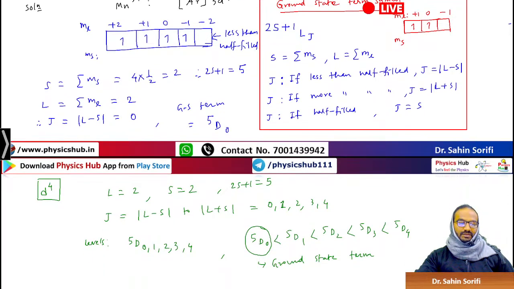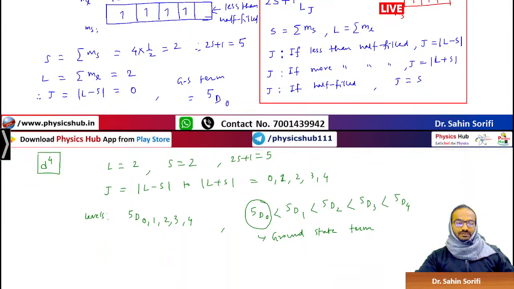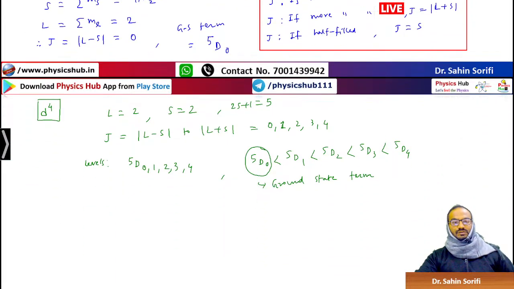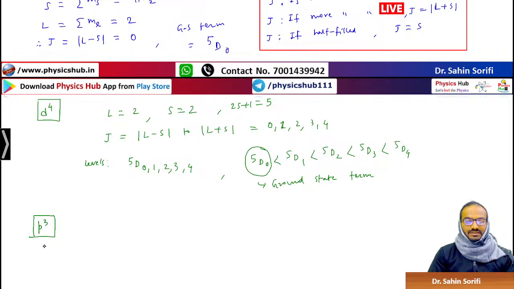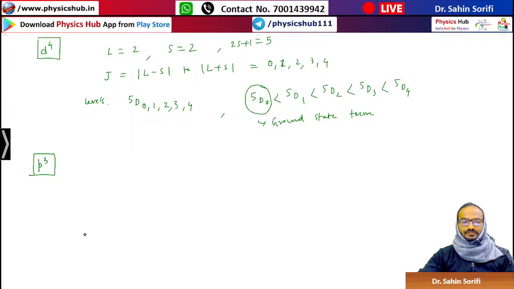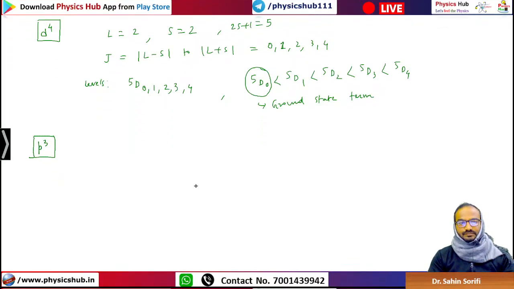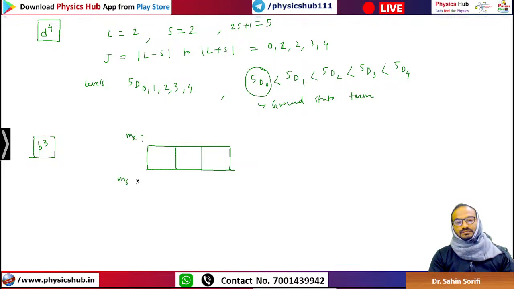Will you be now able to calculate? So for p3, let's calculate the ground state term for p3. ml: plus 1, 0, minus 1. p3, 3 electrons, 1, 2, 3.